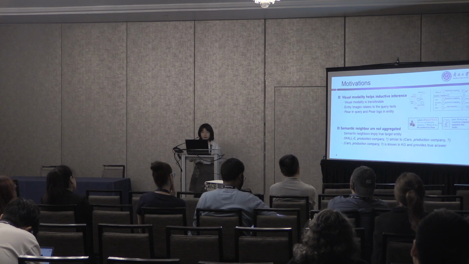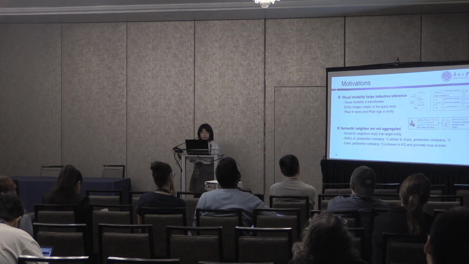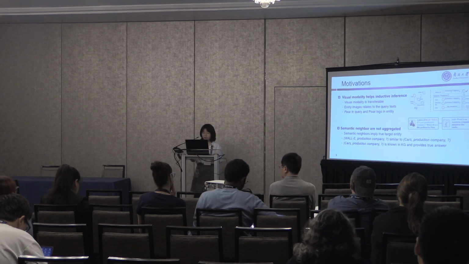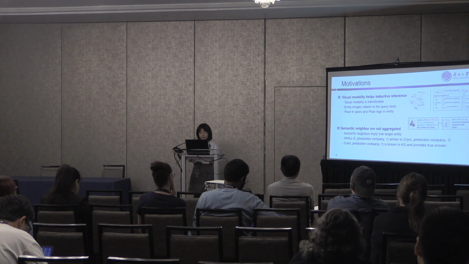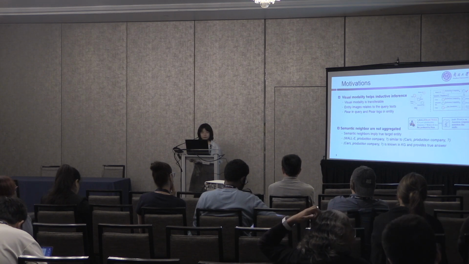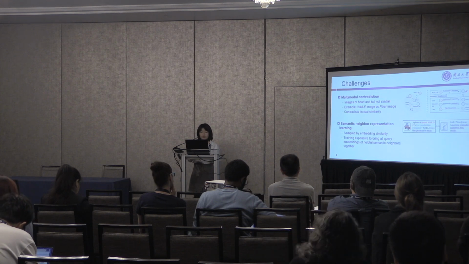For example, WALL-E is similar to other films, such as Cars, and to predict WALL-E's production company, we can find that the production company of Cars is Pixar, so WALL-E's production company is highly probable to be Pixar, which indicates the true answer. However, it is not trivial to accomplish that.